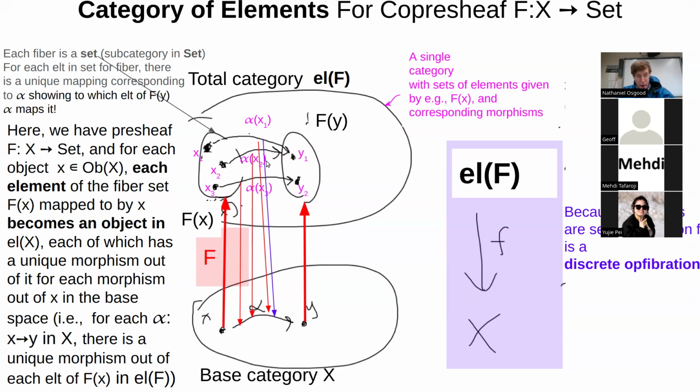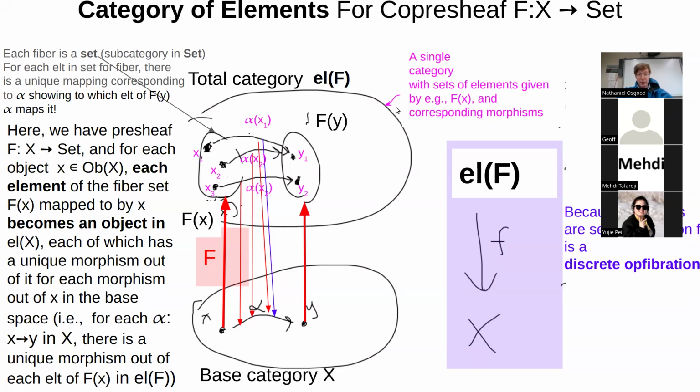Now, the category of elements is defined for a presheaf, where again, we're mapping from a category, shown down here, a schema category, into set. And the idea, you may remember, is that each object in the schema category maps to a particular set. Each morphism in the schema category maps to a function between sets.